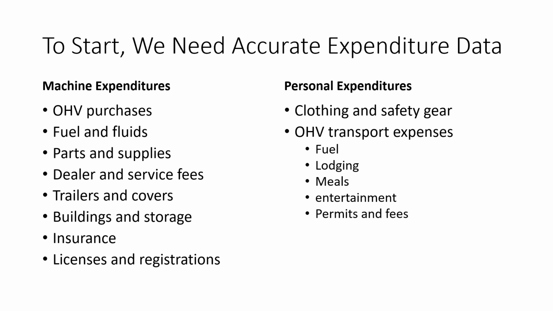We did surveys in Iowa. We sent surveys out to 1,500 owners. And what we wanted to know was for 2018, how much money they spent on off-highway vehicles, fuel and fluids, parts, supplies, dealer service fees, trailers, buildings, licenses and registration, all of that stuff that's specific to the machine.